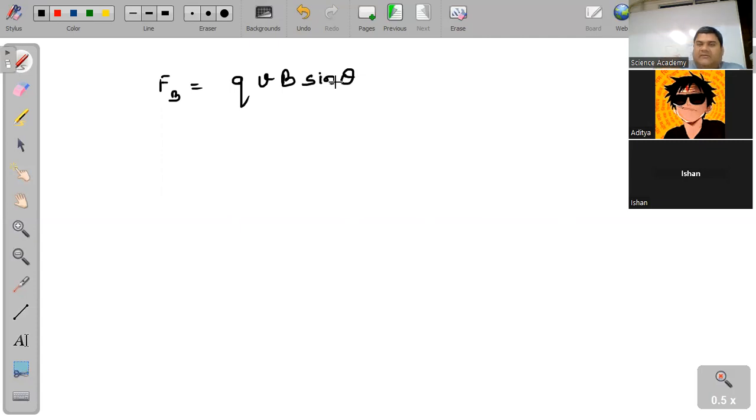Theta is the angle between the v vector and B vector. Is that okay?